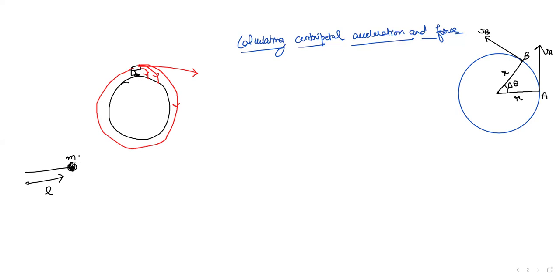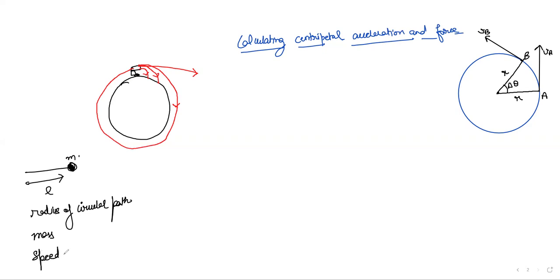So what factors do you think the centripetal force will depend on? The radius, meaning the length of the string, or the radius of the circular path. Any other factor? Mass, yes, and the speed with which you are revolving.